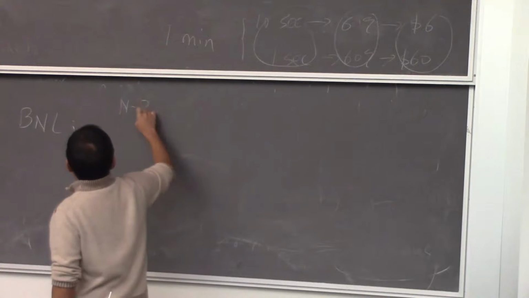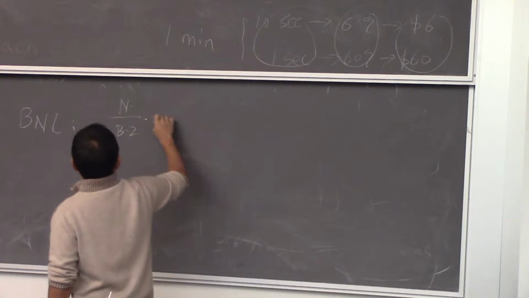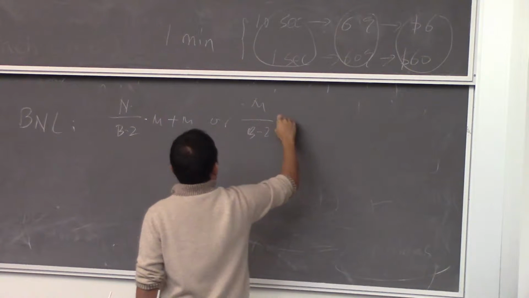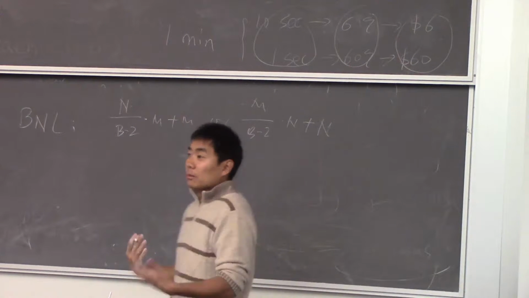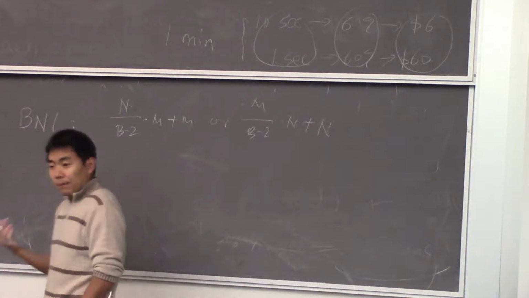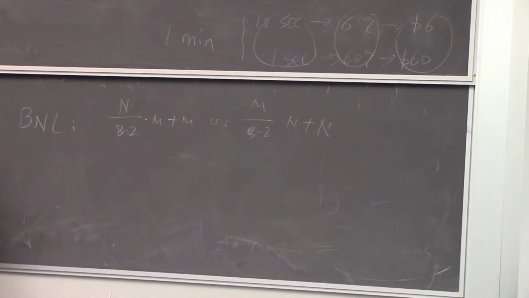It's n divided by p times 2. So obviously you should use the smaller one as outer because the other terms are the same. So which is the smaller? Well, if you do this, then the reserve becomes smaller rather than zero. Right?